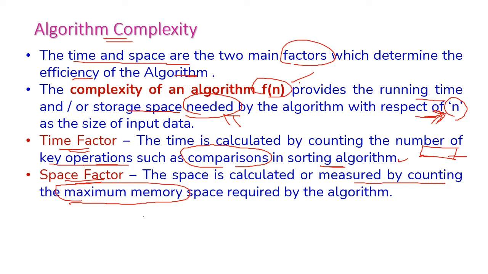How many variables are there in a loop? So, the maximum memory space required by the algorithm. The time factor and space factor are very important, and those are computed by using the algorithm complexity, that is f of n.